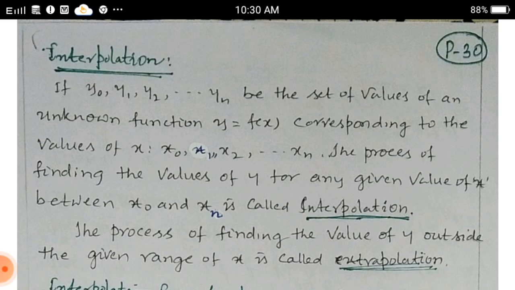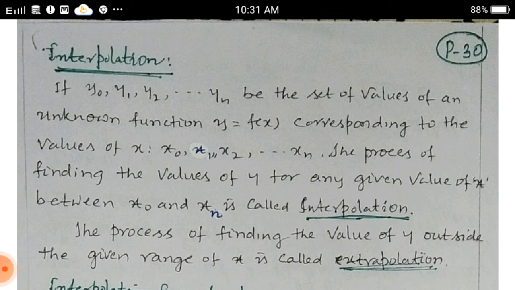So if you divide the interval into n equal parts, that is, b minus a divided by n is equal to h. h is the step length. Okay, and we know how to write x0 is equal to x naught, x1 is equal to x naught plus h, x2 is equal to x1 plus h is equal to x naught plus 2h.